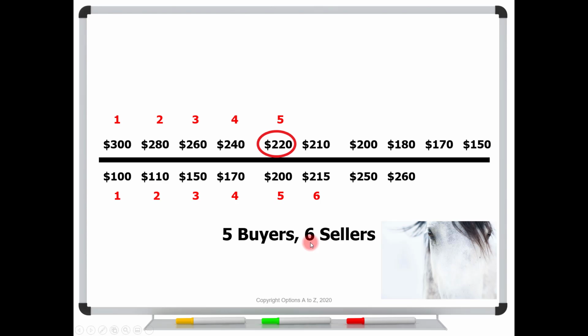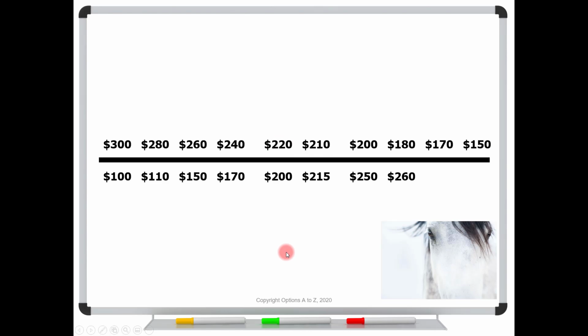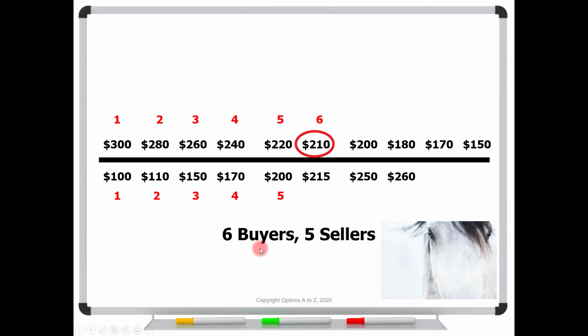We're getting closer, but still the price is a little high. When prices are high, it encourages sellers, and that's what we're seeing here. We've got more sellers than buyers. So we know the price is too high. Auctioneer says, what about 210? What happens now? Something interesting happens here. We flip. Now we've got 6 buyers and 5 sellers. See, at a price of 210, this guy now jumps in and says, yep, I'm willing to buy.